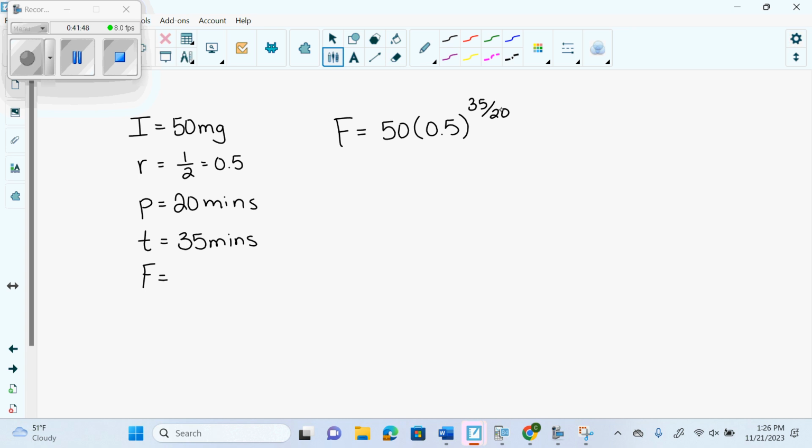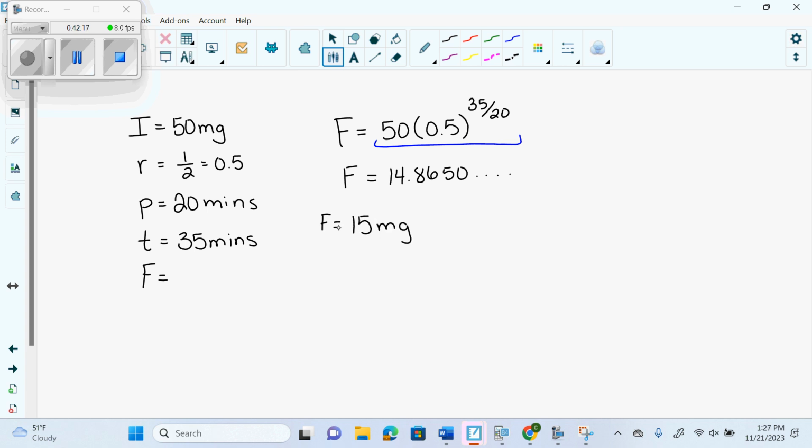No. So I don't have to convert it to a log, and it's all on this side, so I just need to type it into my calculator. And final equals 14.8650, and so on. They didn't give a rounding, so I'm just going to go to whole. So I'm going to go 15 milligrams.